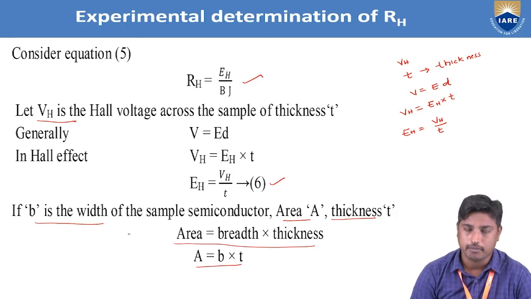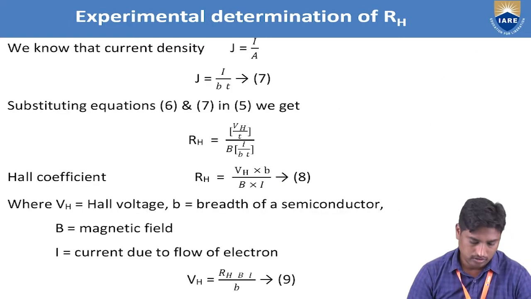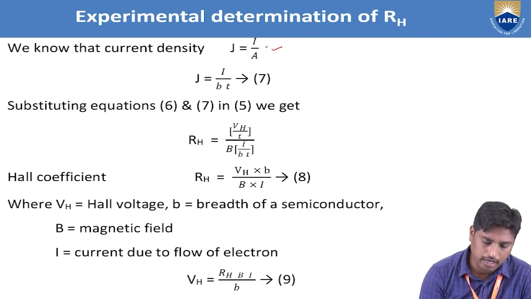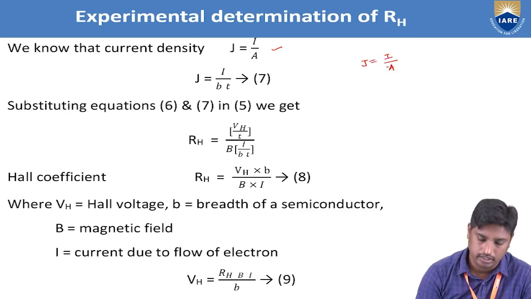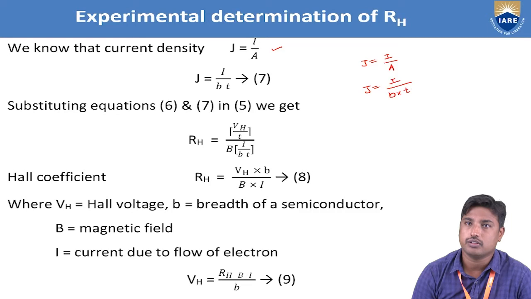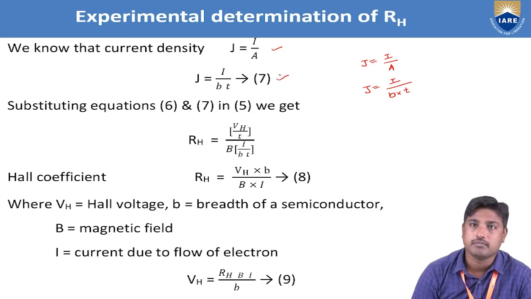We know again the current density in terms of area: J equals I by A. Substituting A, J equals I by b into t, width into thickness. This is named equation 7.